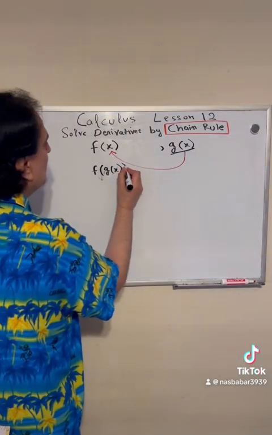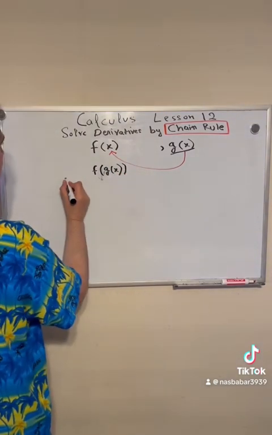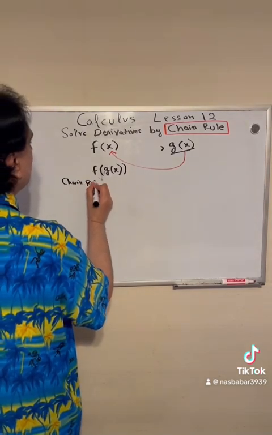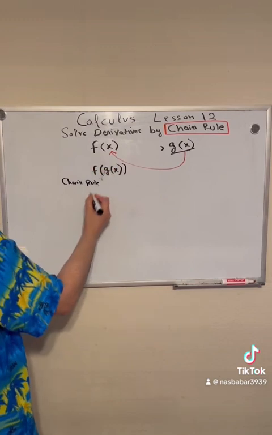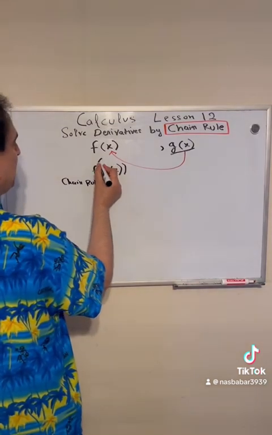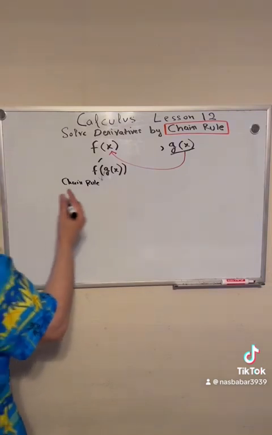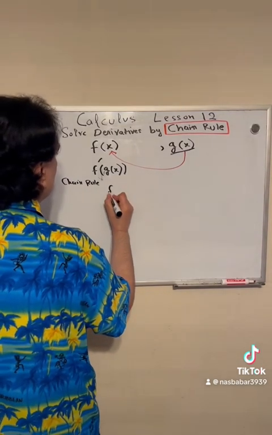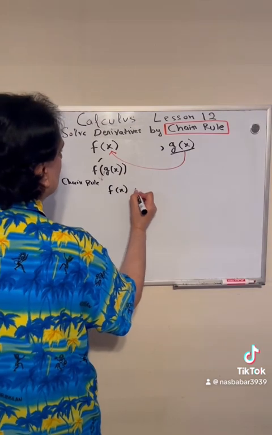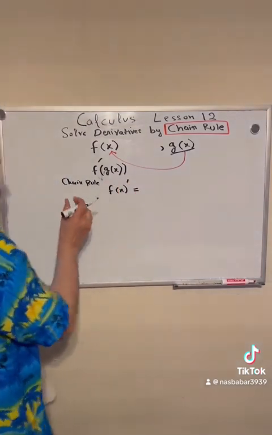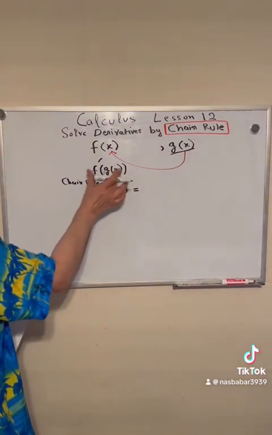Now, according to the chain rule, if you want to take the derivative of this, the chain rule says f prime of x is what you get when you take the derivative of the whole thing.